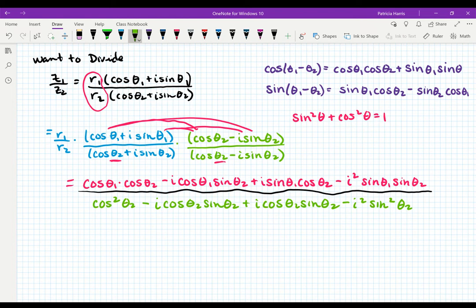Okay, so now let's see. Remember, i squared is -1. So we have a negative and a negative, so what's going to happen there? It's going to be a positive. So I'm going to move everything without an i to the front. Okay, and then we're going to move everything with an i to the back.